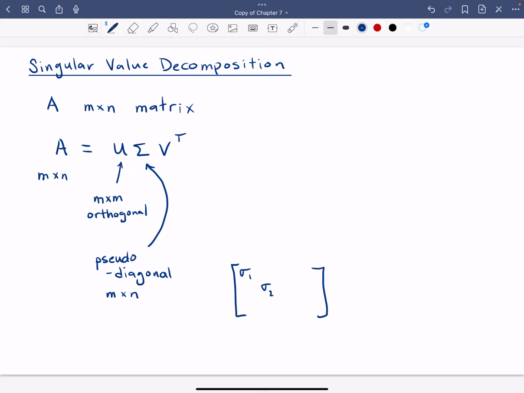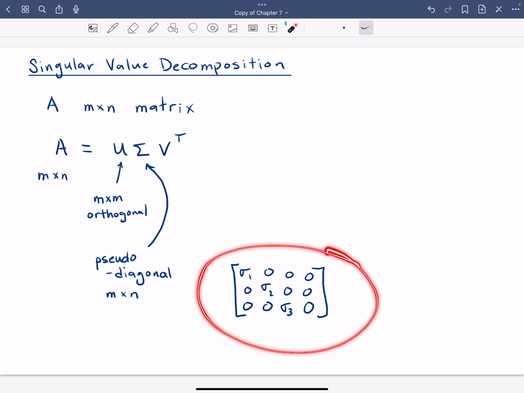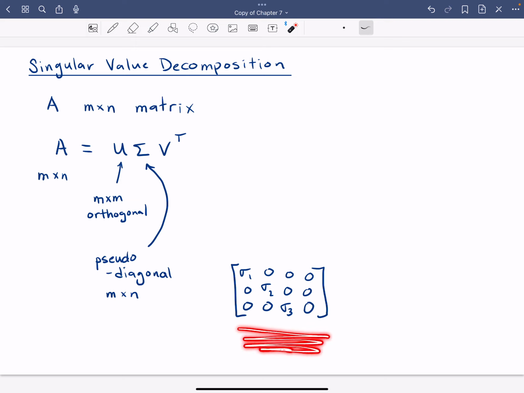You start in the top left corner and write your singular values in. It has the same shape as the original matrix A, but it's not a diagonal matrix, because usually we think of diagonal matrices as being square. This matrix doesn't have to be square. The only entries in it that are non-zero are the entries that start at the top left corner and move down.